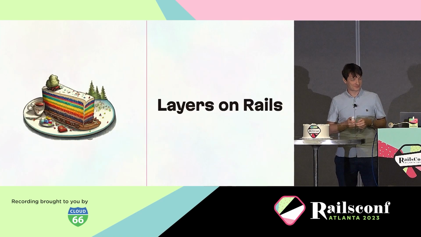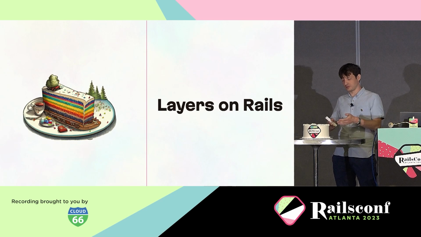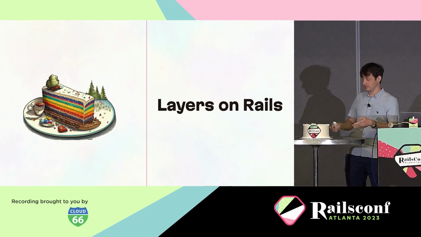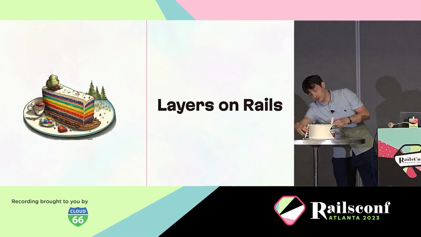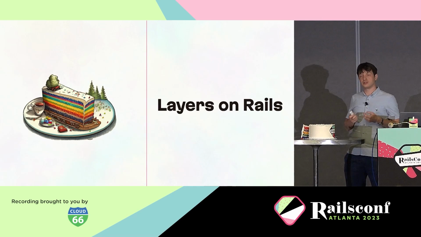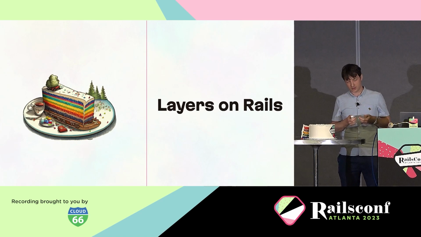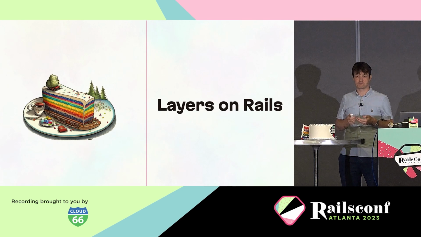So, okay, layers on Rails. How to identify layers. So it's easy to identify layers in the cake. Let me just do it so everyone can see it every time I'm talking about layers. So to see layers in a Rails application, we can take a look at it as a web application.